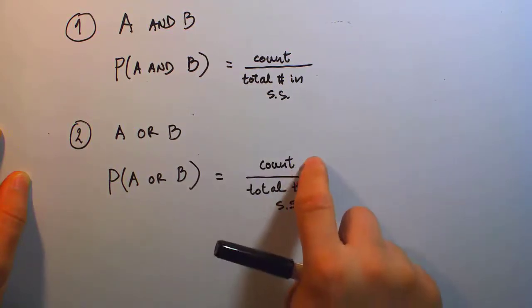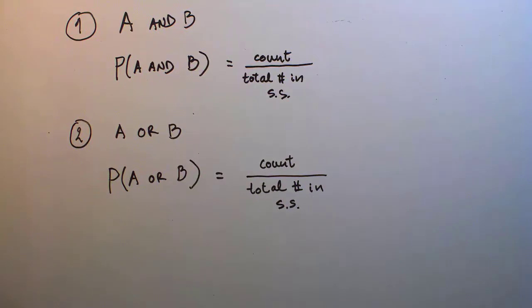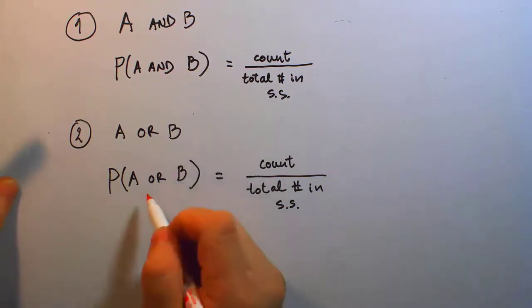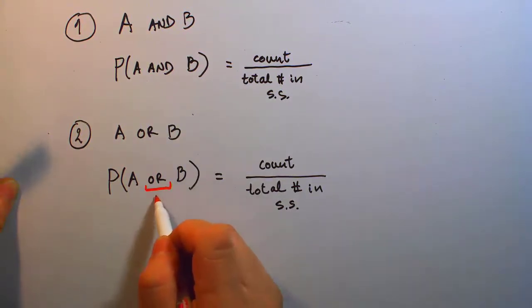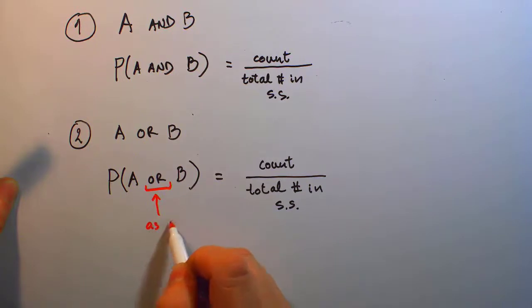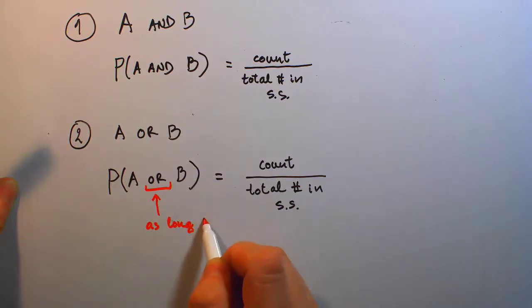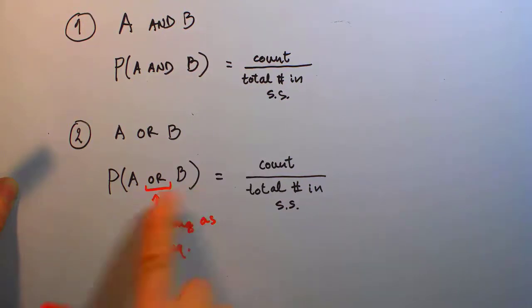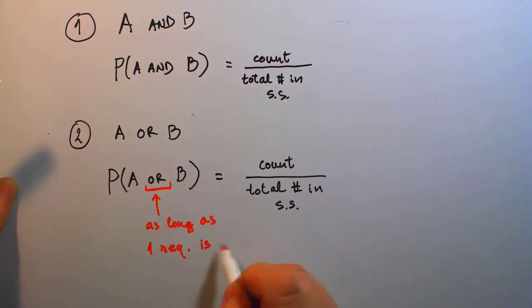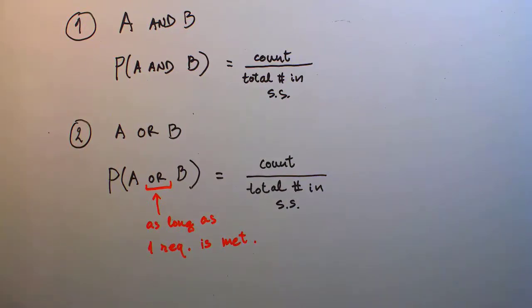But we get that count relying on the logical explanation that this OR means as long as one requirement in my list is met. Okay, so that's one way to approach it.